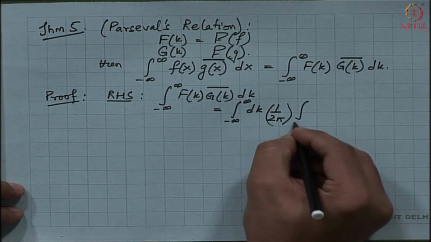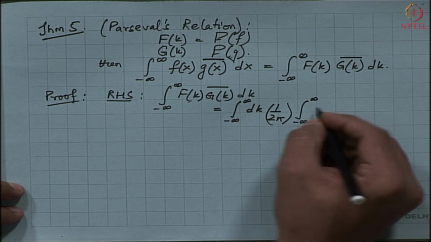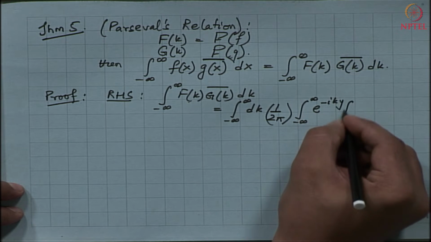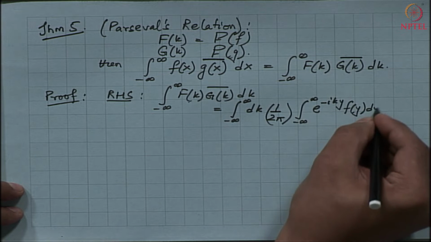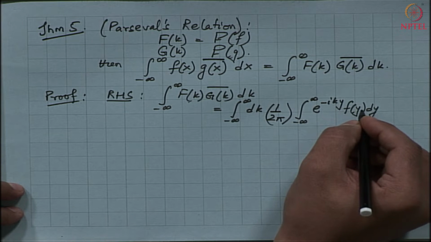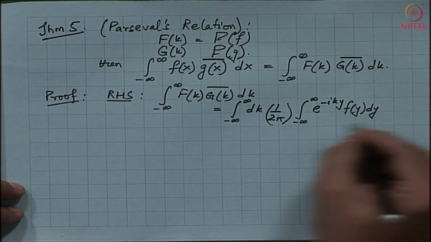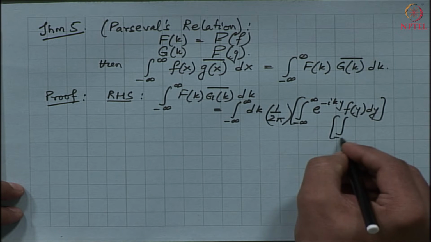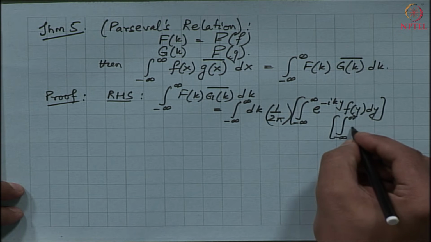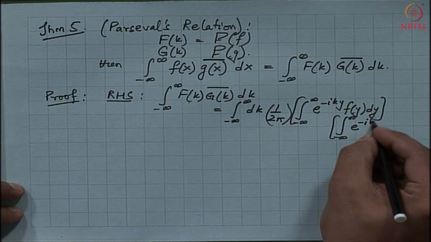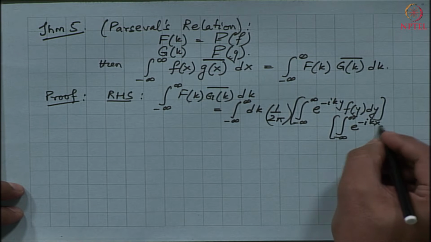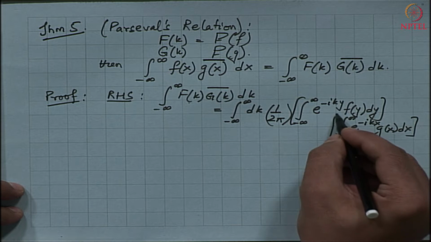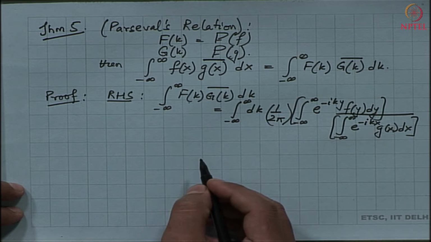So, the integral from negative infinity to infinity of e to the power i k y f of y dy, multiplied by the integral from negative infinity to infinity of e to the power i k x g of x dx, and then I take a conjugate of it.